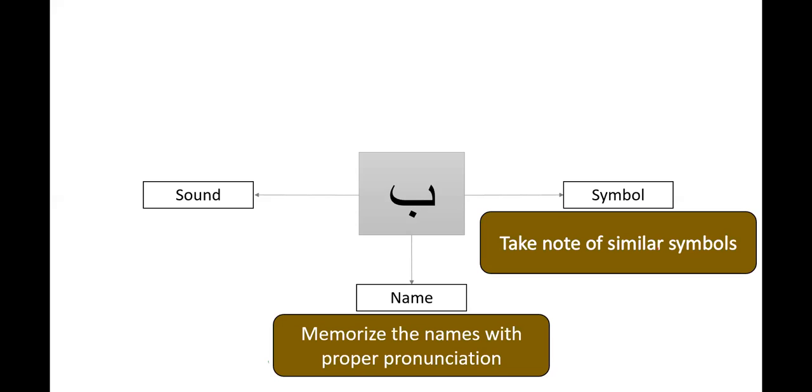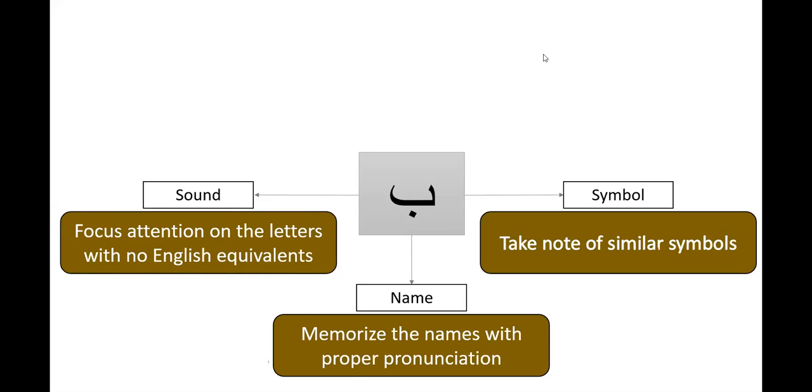If it's your second or third language, maybe you'll have some difficulty, but at least you will know them. But a letter with no English equivalent is a completely new sound, so you have to differentiate. Tell yourself that I already know 70% of the Arabic alphabet. I just need to learn the shapes and the names and I'm all good, right? With regards to the letters with no English equivalents, we will deal with those a few at a time. So like you guys said, focus on the letters with no English equivalent.